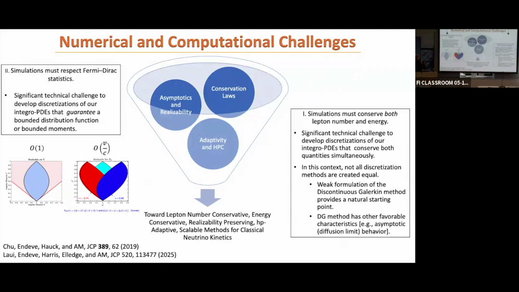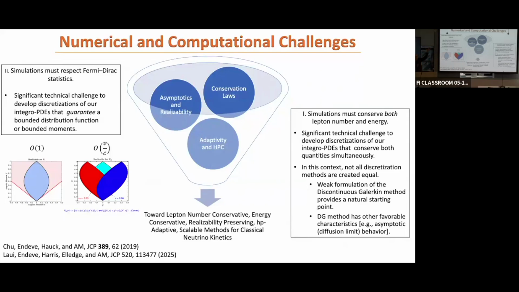Why? Because the DG methods lend themselves to simultaneous number and energy conservation by virtue of the number of degrees of freedom you have to work with, and in particular, the weak formulation of DG. That's something I can discuss more later, but I couldn't possibly go through that now.